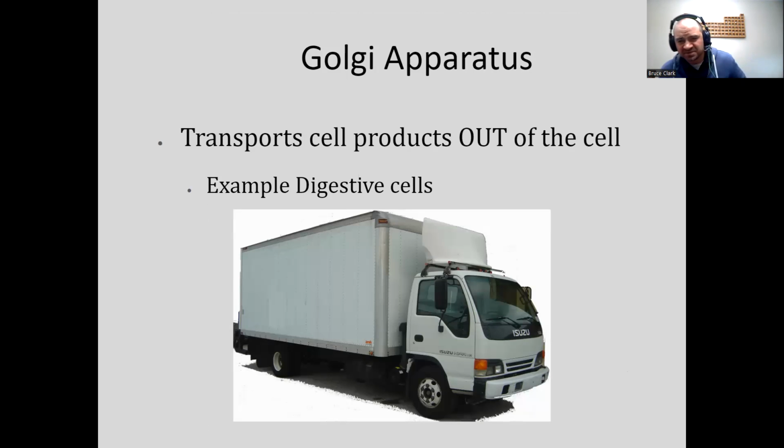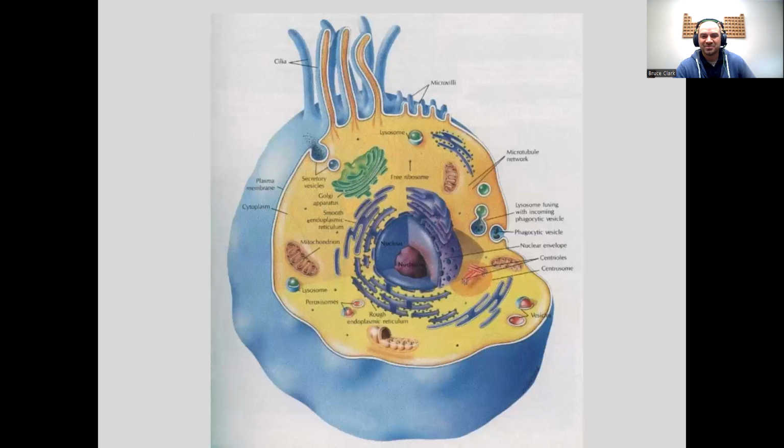So like digestive cells, they're going to be making stomach acid and enzymes and those kind of things. And then they're going to be sending those out of the cell into the extracellular fluid, much like a delivery truck is going to be taking whatever it is outside of the building onto a new area, new property, so to speak.